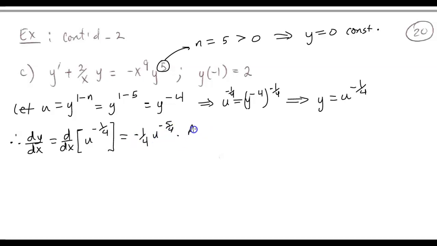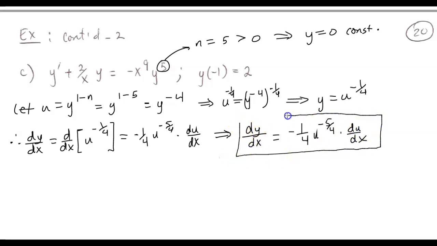Then we multiply that times the derivative of the inside function, which is just u with respect to x. So I'll just rewrite this to make sure it's clear: dy over dx is negative 1/4 u raised to the negative 5/4 times du over dx. So we have what dy over dx is, and we have what y is.